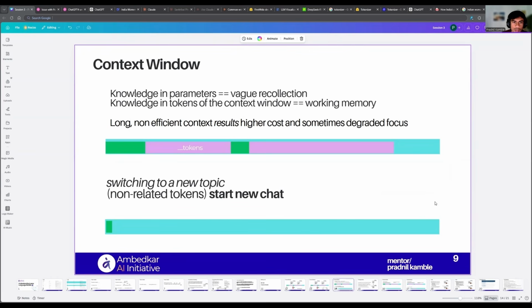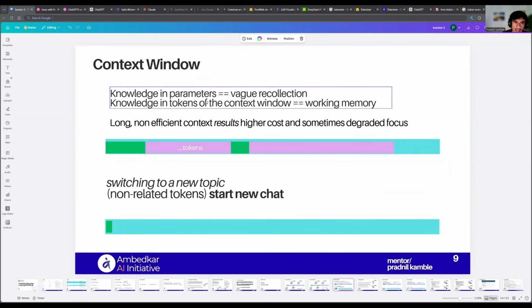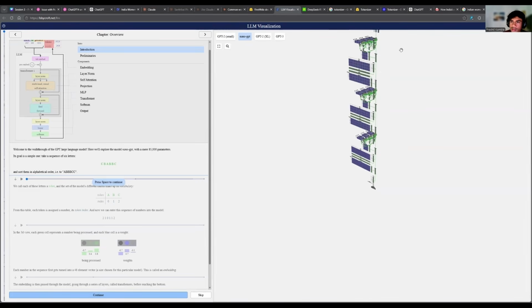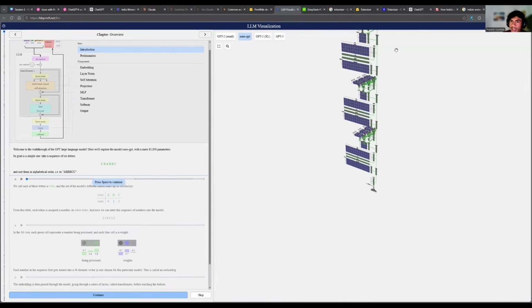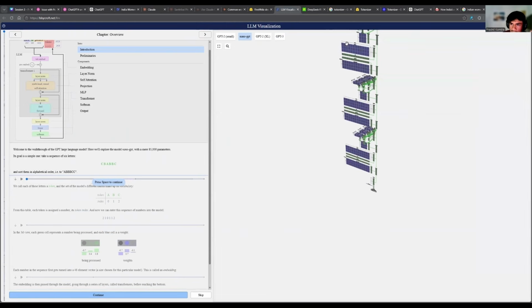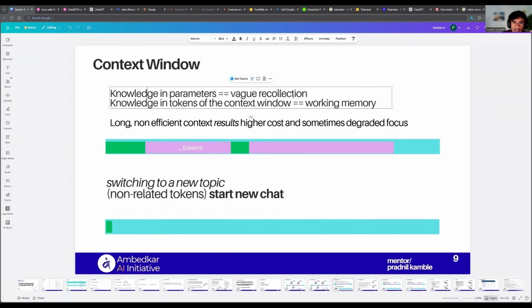So what we understand with this knowledge is that everything inside of this model, the parameters or the internet knowledge, is really loosely packed knowledge. We talked about it. It's a vague recollection of the internet somehow.